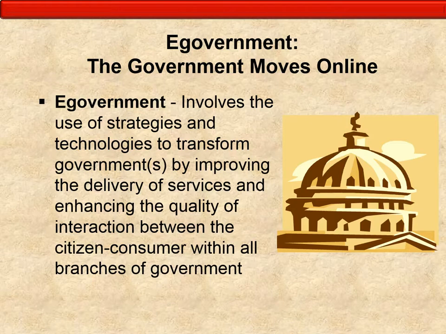E-government involves the use of strategies and technologies to transform government by improving the delivery of services and enhancing the quality of interaction between citizen and consumer within all branches of government. Now, I don't know what it's like where you live when you have to go to the DMV, but here where I live, it was a very painful process.